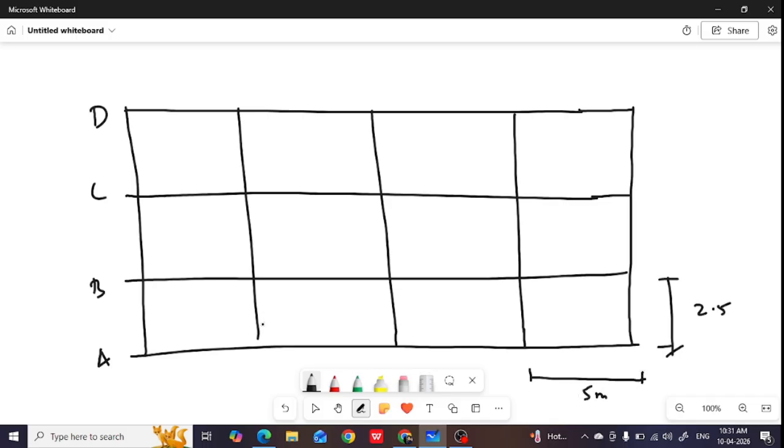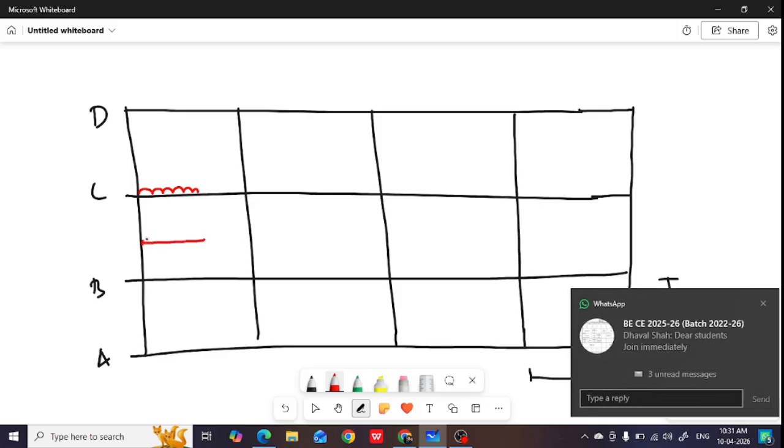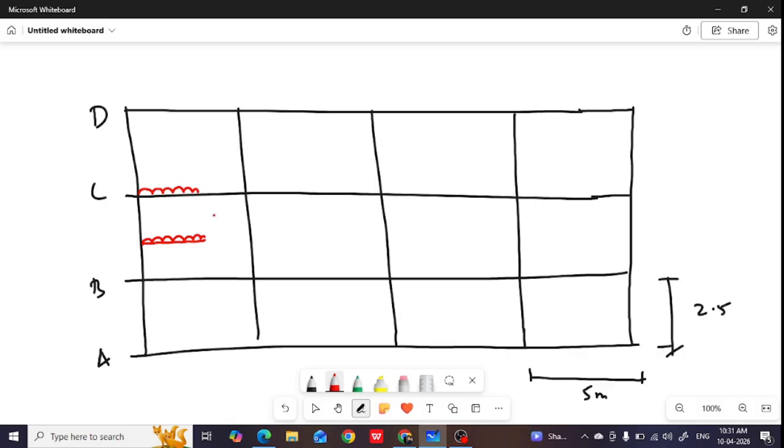Okay, so the longitudinal girders are 2.5 meter distance center to center and cross girders are 5 meter center to center. Okay, now here we need to put the load in such a way that one track is on the girder, and another track will be between B and C. We are not putting the clear distance, we are putting the center to center distance.